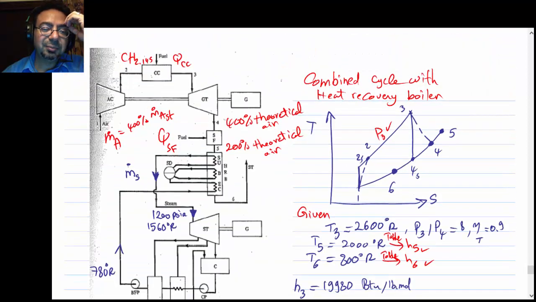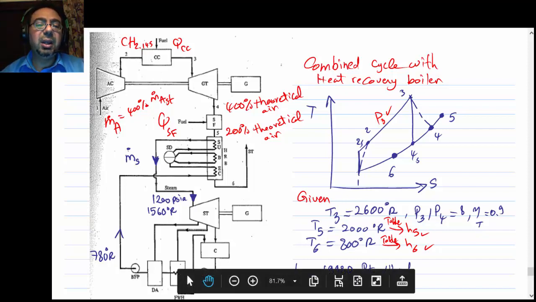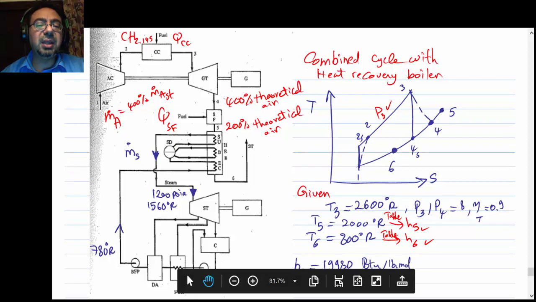Okay, so I'll finish here, and we will study this combined cycle where a gas turbine runs a steam power plant.